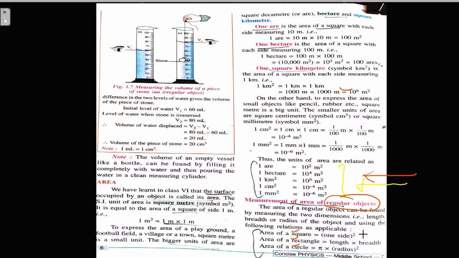So area of a square, as you know, is side squared, all sides of a square are equal. Area of a rectangle is equal to length into breadth, and area of a circle is pi r square.